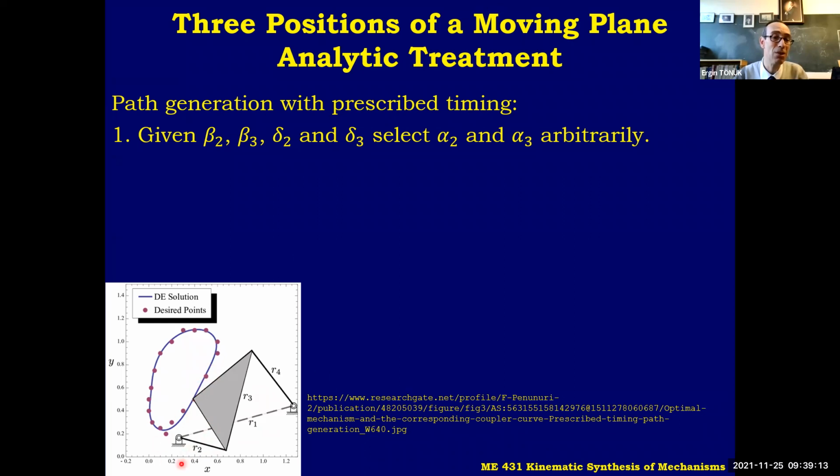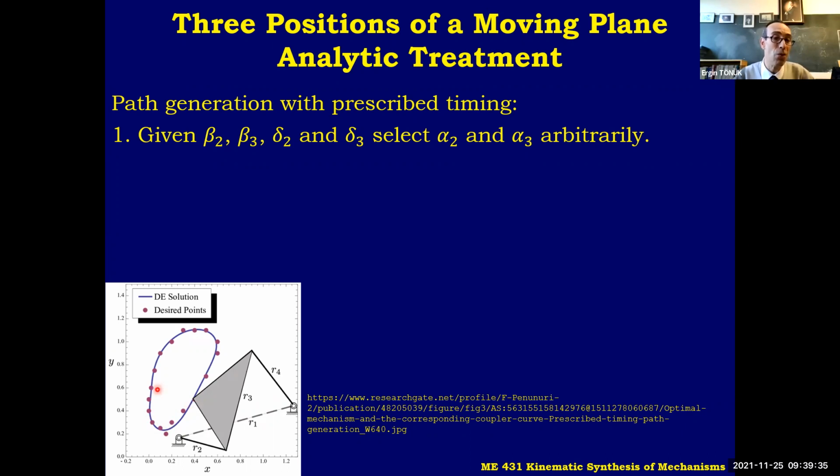If this is rotating with constant speed, it's going to move from this point to that point at a certain time, then that point at a certain time. And actually, this is called a coupler point curve.